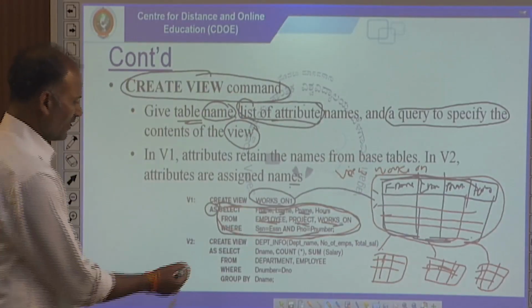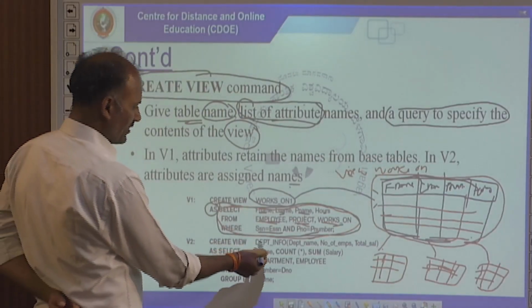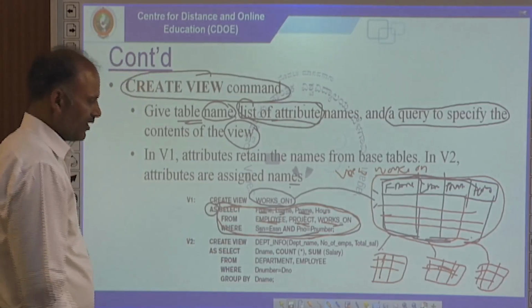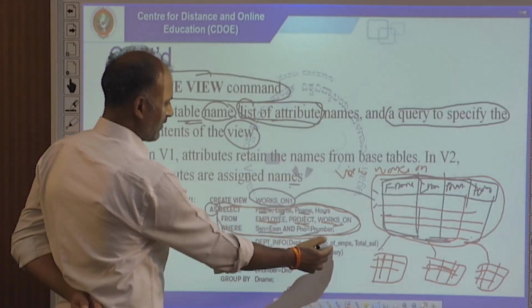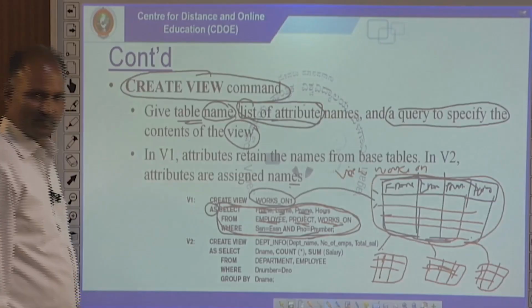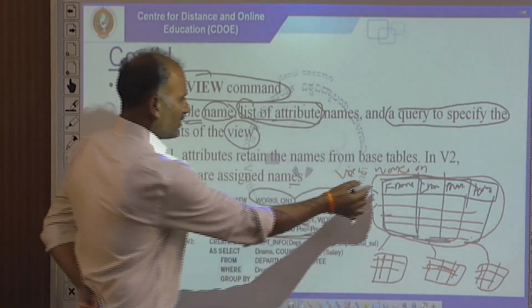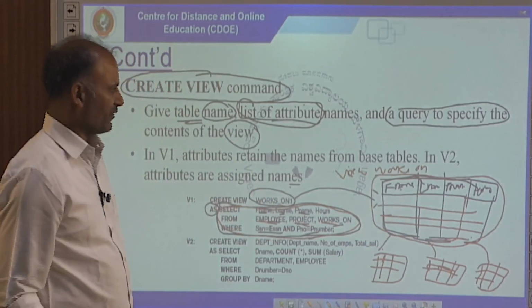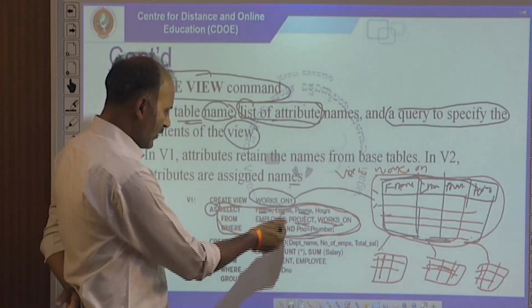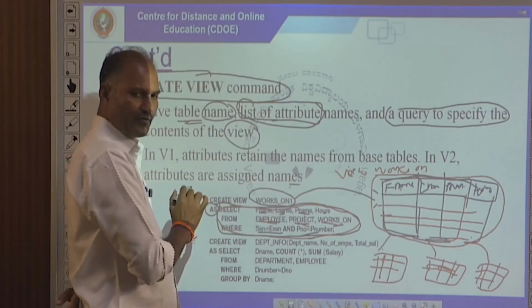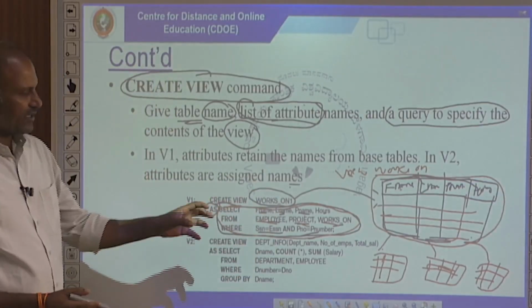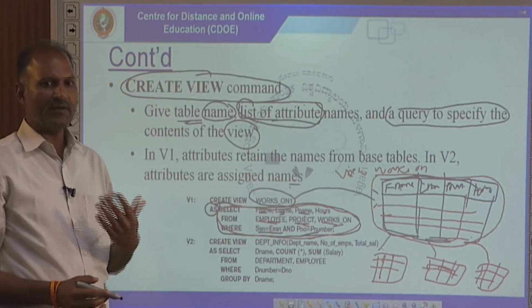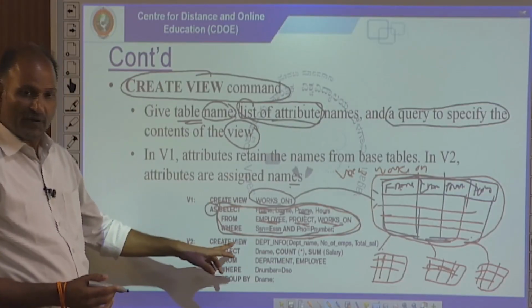This is another one. We are creating another view called department_info, which contains department name, number of employees, and the total salary. Whatever the names of the fields coming from this query, the same will be there in your view. But here you can give your own name to the fields.